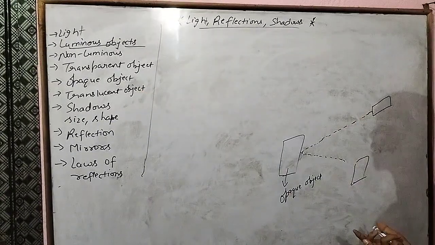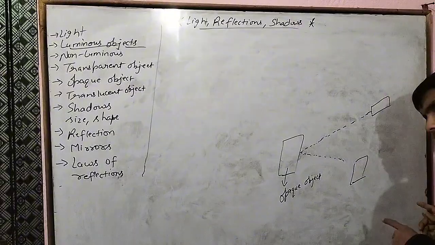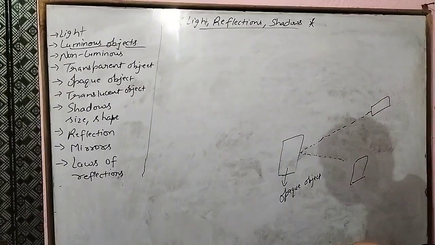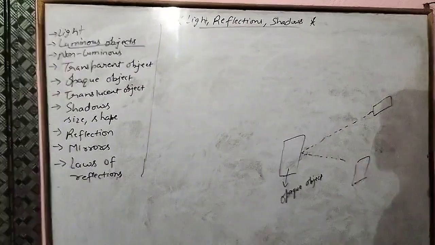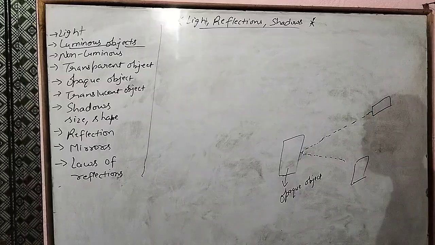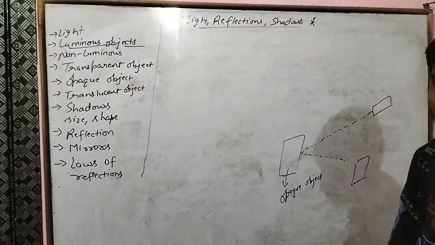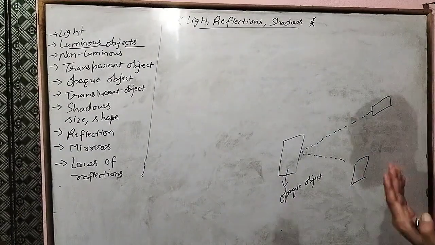If some light is being blocked, whereas some light is passing through the same object, those objects would be named as translucent objects.